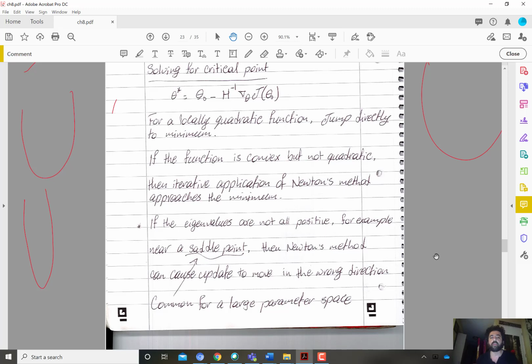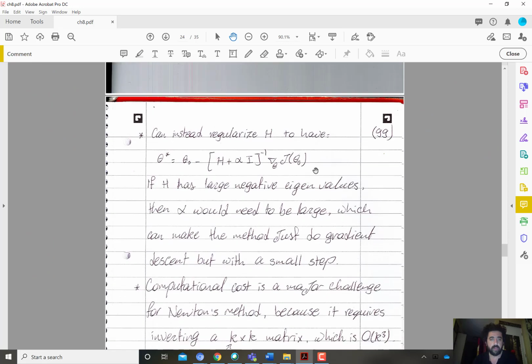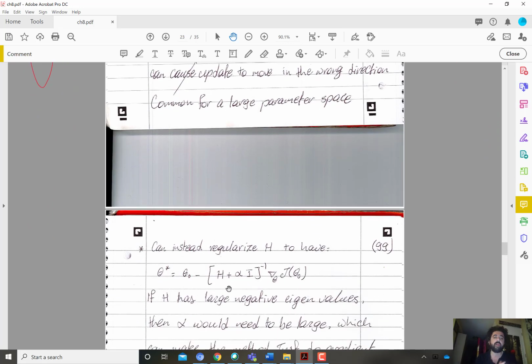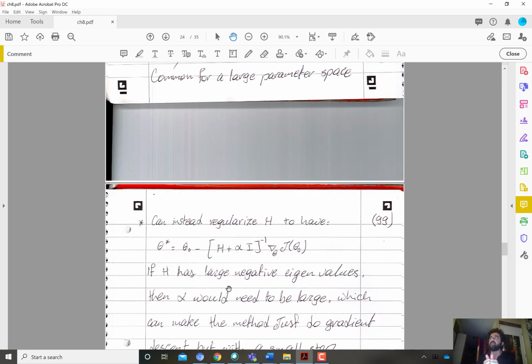That could be a big problem, because that kind of method can get stuck in saddle points. To solve that issue, there is a regularization technique where instead of H inverse, you add alpha times the identity matrix to H. Basically you are trying to push the eigenvalues that are slightly small in magnitude and negative in sign to be positive.